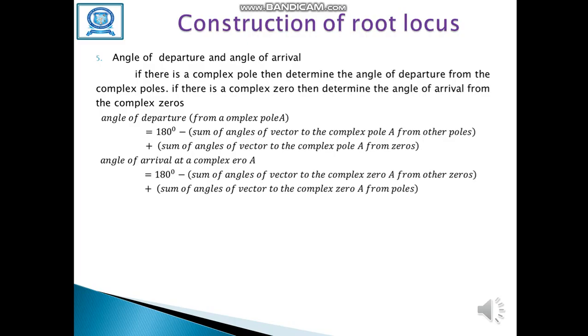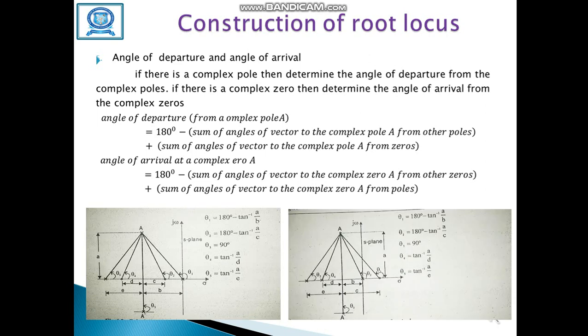Angle of departure from complex pole A equals 180 degrees minus the sum of angles of vectors to the complex pole A from other poles plus the sum of angles of vectors to the complex pole A from zeros. Angle of arrival at complex zero A equals 180 degrees minus the sum of angles of vectors to the complex zero A from other zeros plus the sum of angles of vectors to the complex zero A from poles. That is shown in the figure.